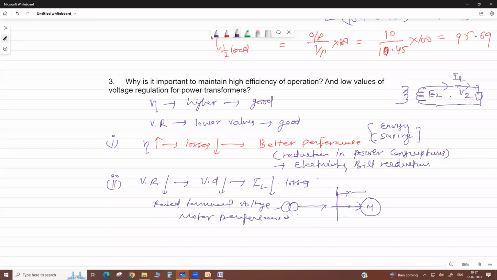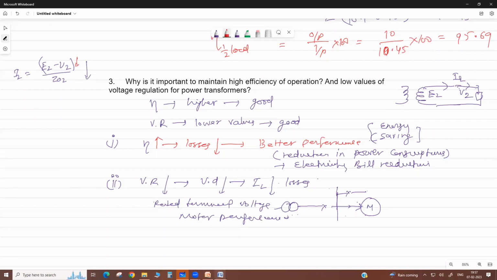If you calculate this load current, it is E2 minus V2 divided by the equivalent impedance. So lower voltage drop, which is basically voltage regulation, means this current is reduced. If this current is low, then losses will reduce. Okay, got it?